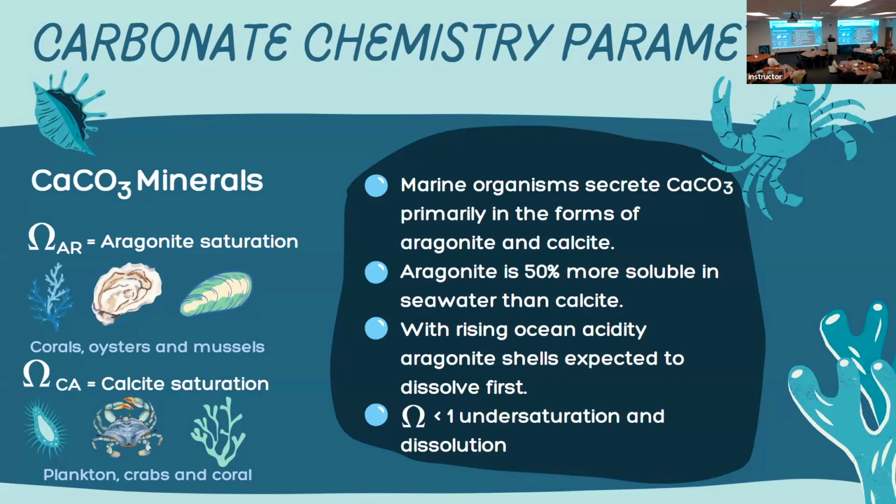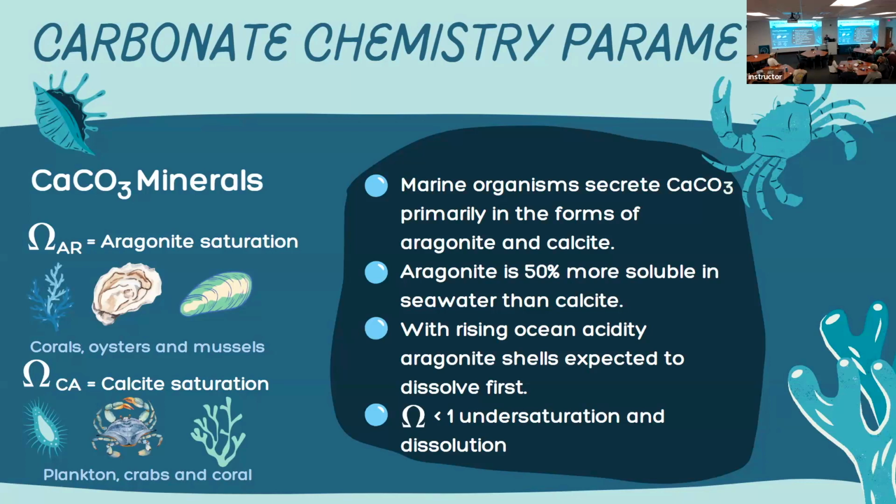And so aragonite is about 50% more soluble in seawater than calcite. So with this rising ocean acidity, aragonite shells are actually expected to dissolve first, since it's more soluble. An aragonite saturation of less than 1 is seen to be undersaturated, and that's where our shell dissolution will happen.